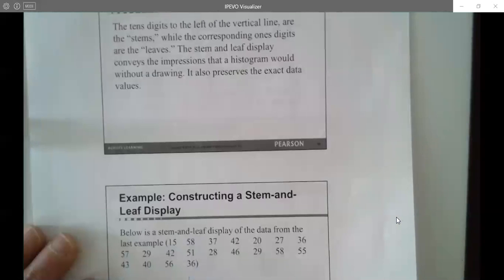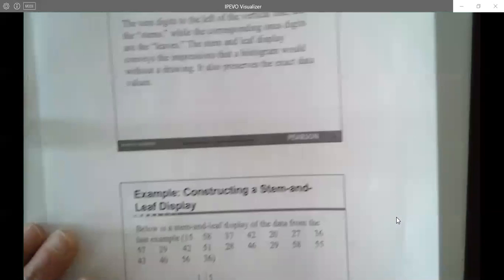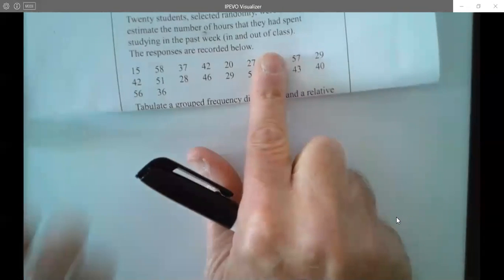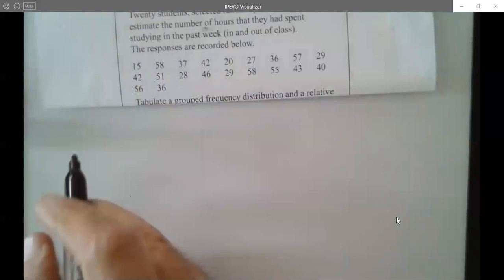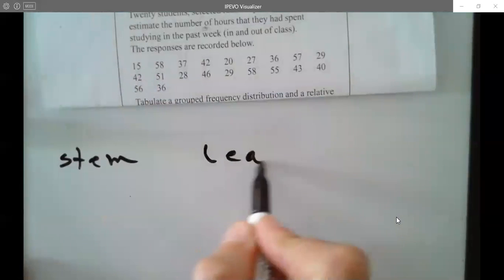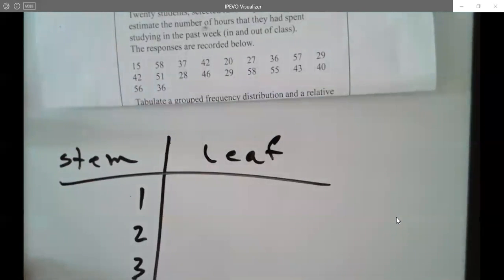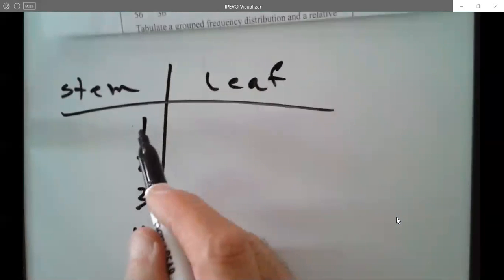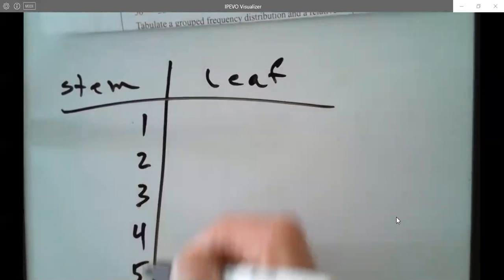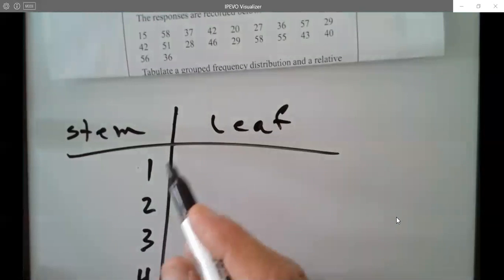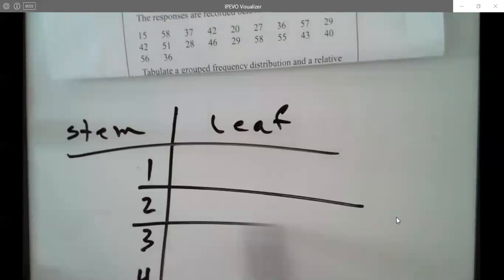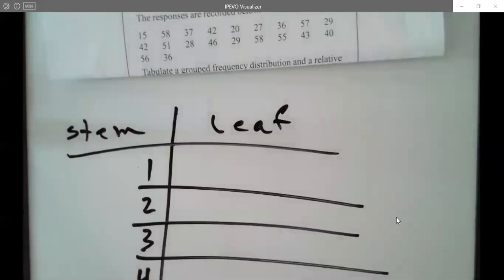So, for example, if we looked at this data here and we were to put it in a stem and leaf display, this would be the stem and this the leaf. You have 1, 2, 3, 4, 5, so this would be the 10s digit, the 20s digit, the 30s digit, the 40s digit, the 50s digit, because these were from 0 to 9 in each one.